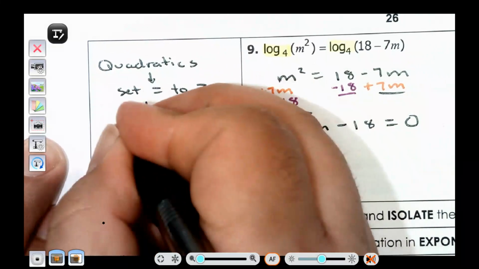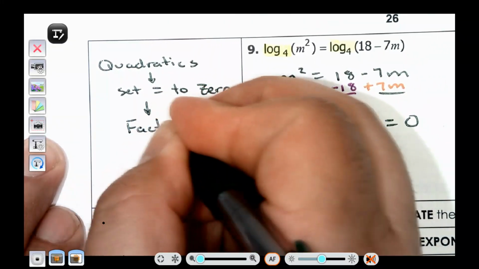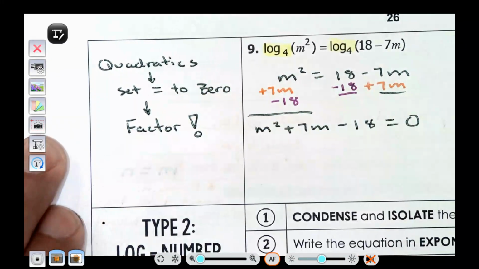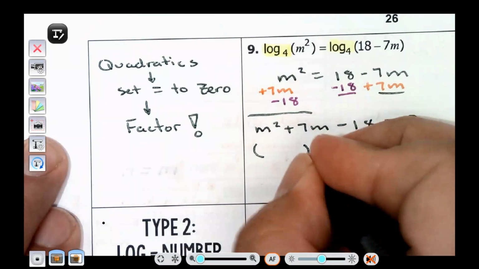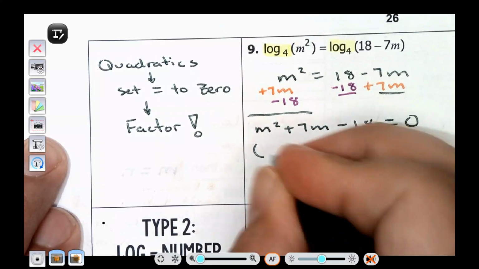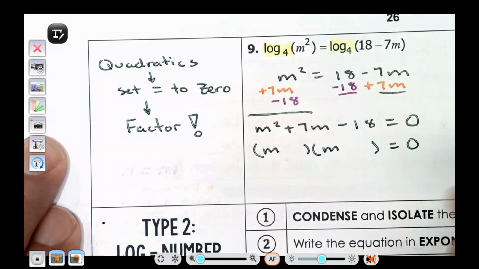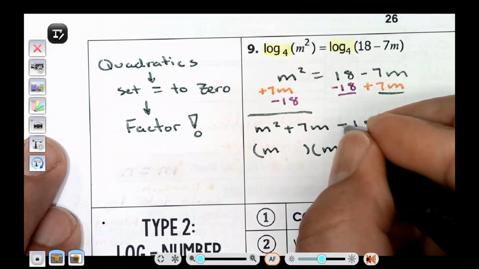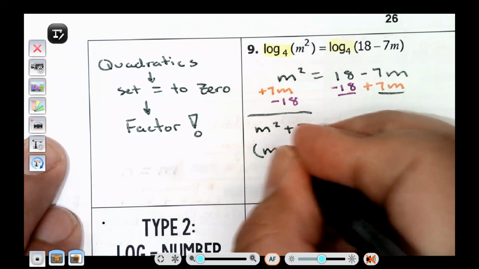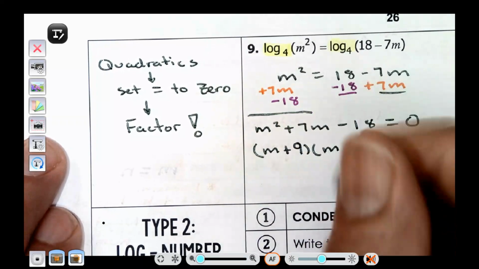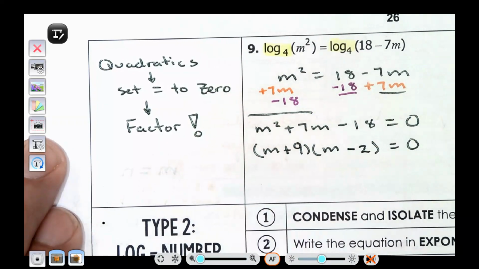And then what do we do? Factor. Factor is the name of the game when you're working with quadratics, of course. So we have it here. Let's get our factors going. M and m. I need numbers that multiply to 18 but subtract to give me a positive 7. Well, then the only numbers that work are a positive 9, because I want a positive number, and a negative 2.